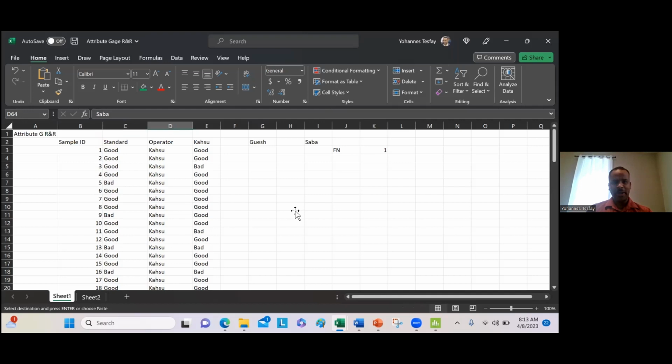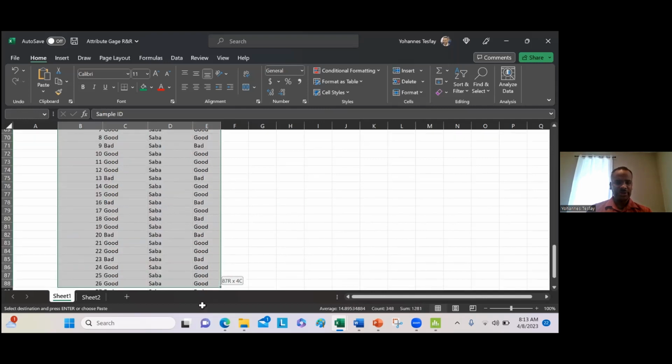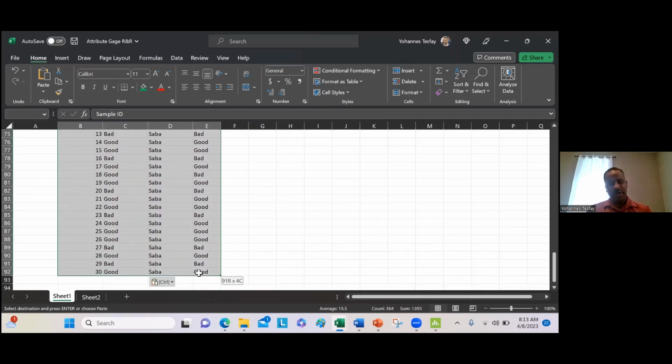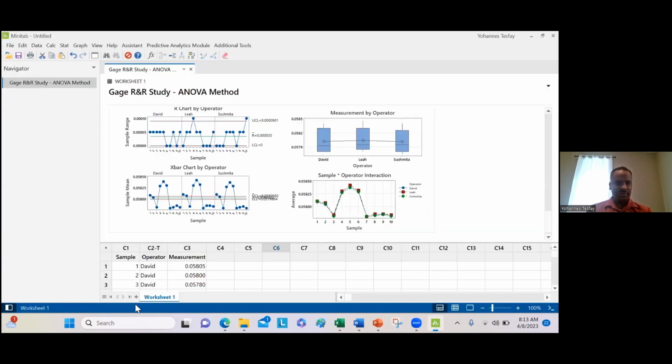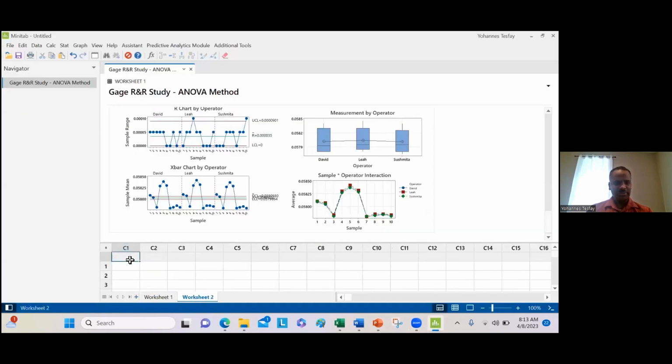Now I'm finished: sample ID 1, 2, 3, 4, 5 or whatever, just like that. This is attributes. Then let me add here and let me put it here just like this, okay.